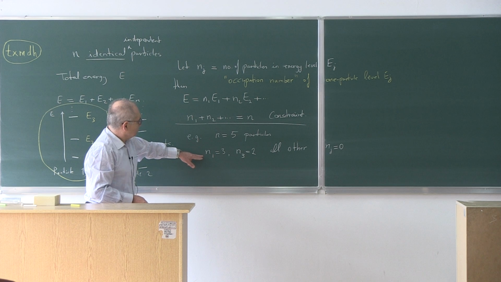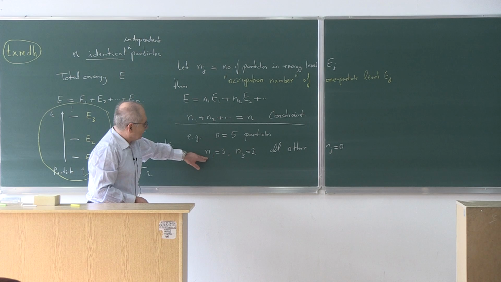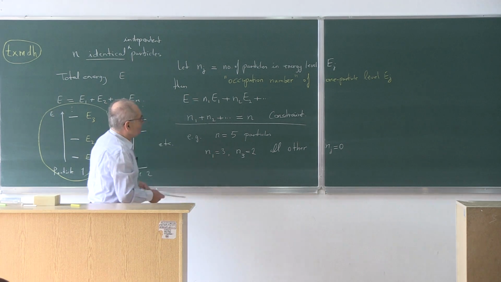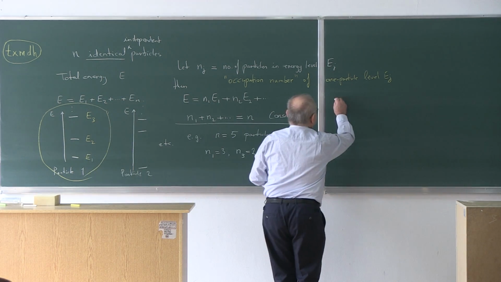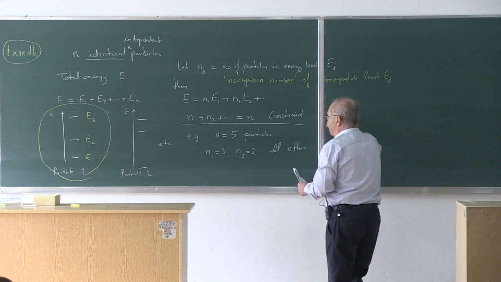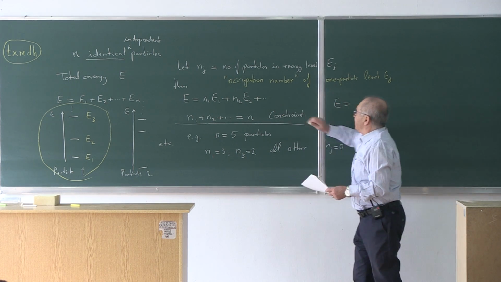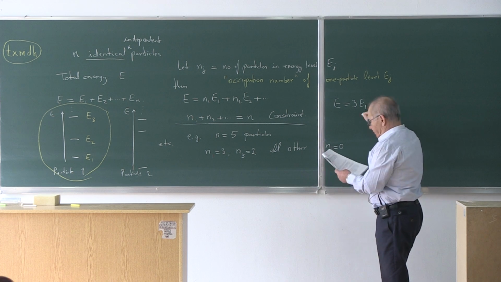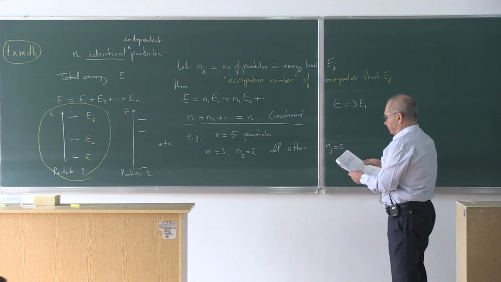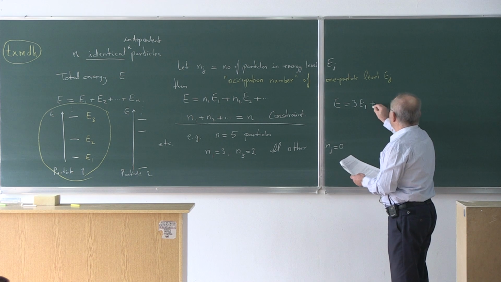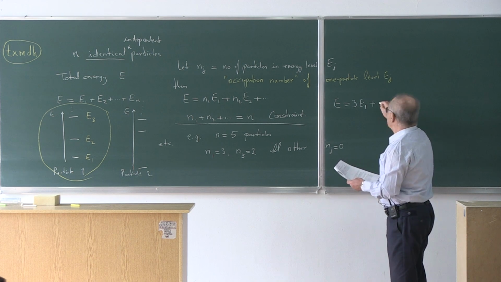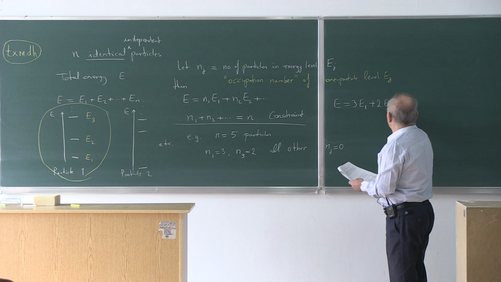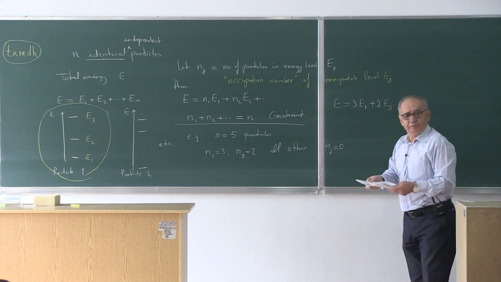So with this example of occupation numbers, what is the total energy? According to this relation, 3 times E1 plus 2 times E3.